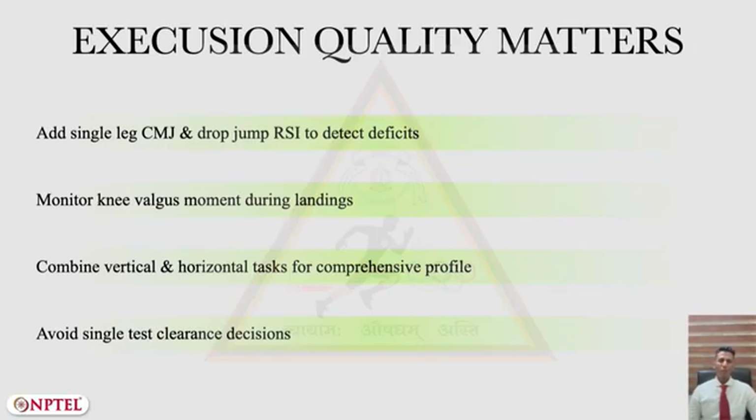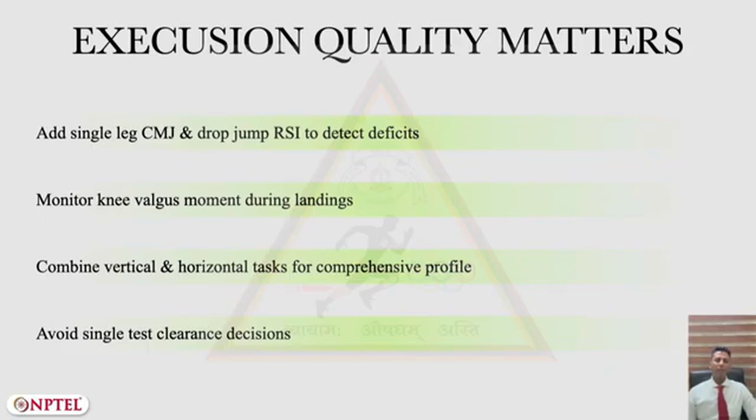Single leg countermovement jumps and drop jump reactive strength index provide insight into neuromuscular control. Observation of knee valgus movements during landings helps detect risky movement patterns that raw distance won't reveal.